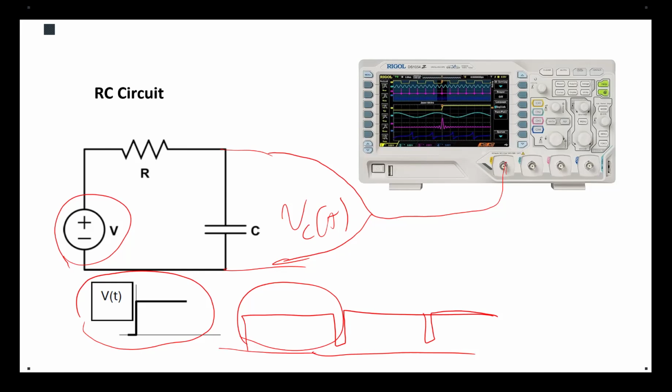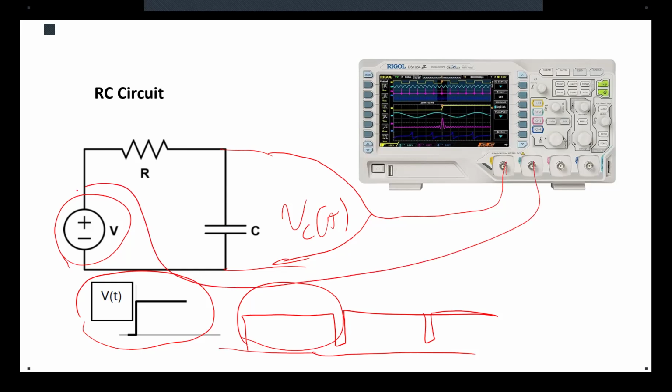So you connect one of them across the capacitor and another one across your input. So you have two waveforms. One shows how the input is changing, and another one shows how the RC would react to that change.